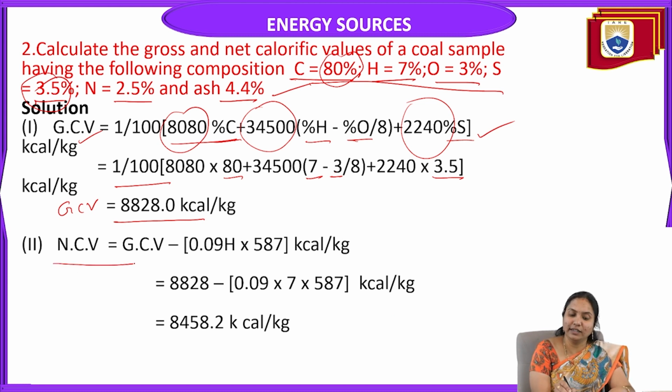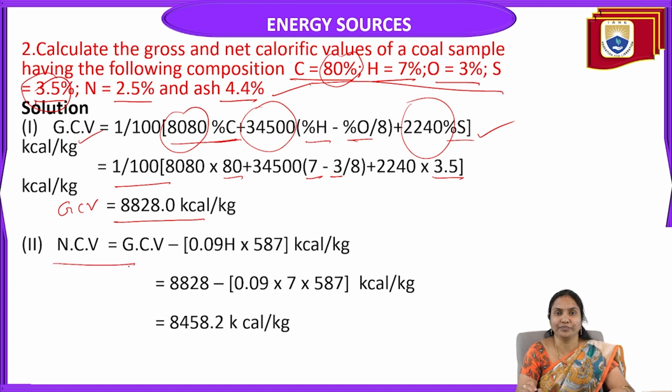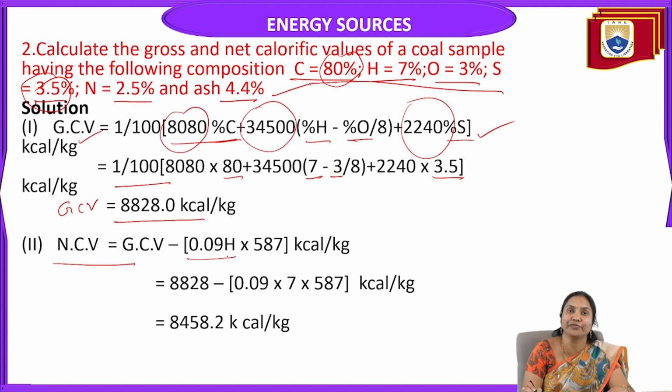Now we can calculate the net calorific value of the given fuel according to Dulong's formula. So what is Dulong's formula for net calorific value of fuel? NCV equals GCV minus 0.09 H or 9 by 100 into H, both are the same, times 587 kilocalorie per kg.